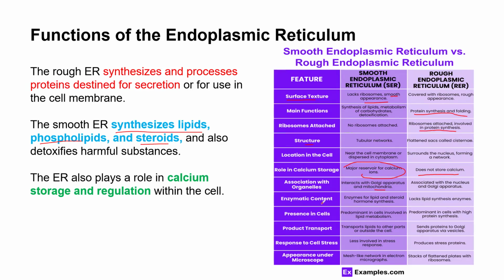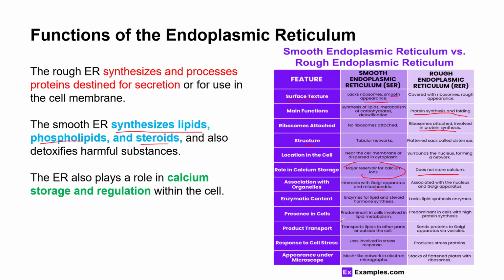Then for the enzymatic content, enzymes in the smooth endoplasmic reticulum are the major enzymes for lipid and steroid hormone synthesis, while the rough endoplasmic reticulum lacks lipid-synthesizing enzymes.